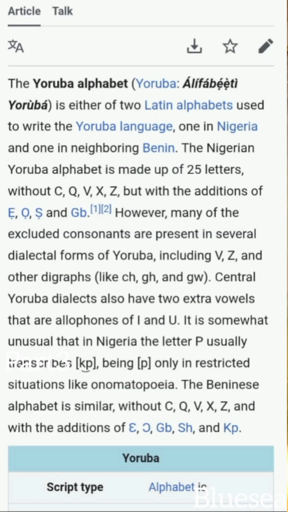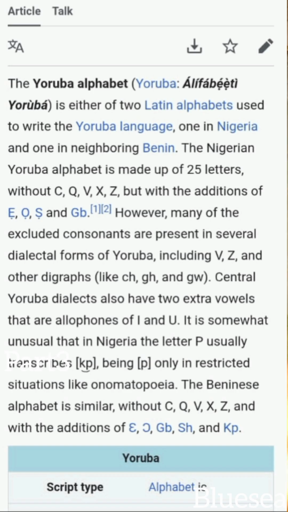It says, the Yoruba alphabet is either of two Latin alphabets used to write the Yoruba language, one in Nigeria and one in neighboring Benin. The Nigerian Yoruba alphabet is made up of 25 letters without C, Q, V, X, Z, but with the additions of E, O, S, and GB.